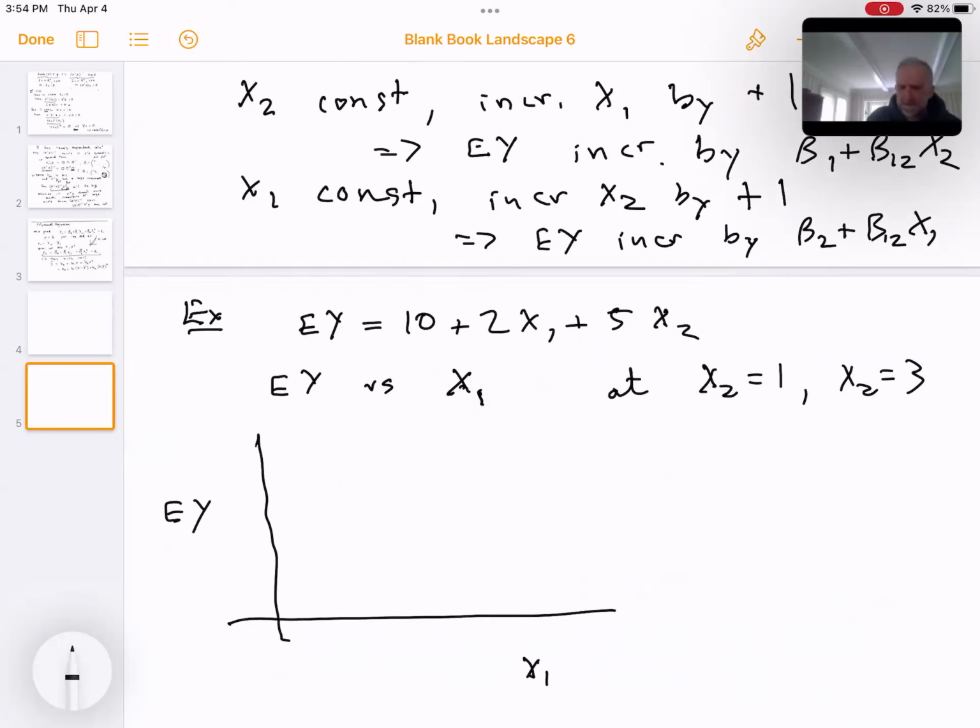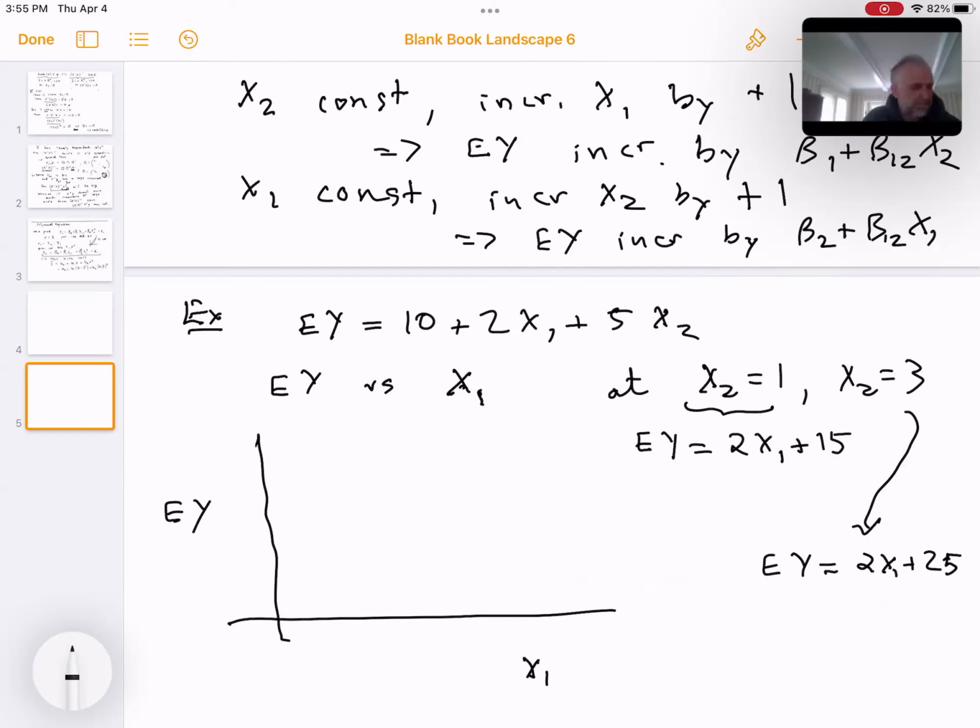And how does E(Y) change? Well, it's based on this really, right? If x2 is 1, then we have E(Y) equals 2x1 plus 15. And if x2 is 3, then we have E(Y) equals 2x1 plus 25.